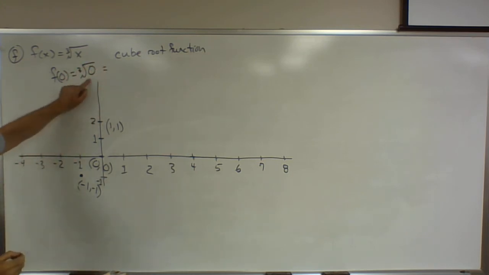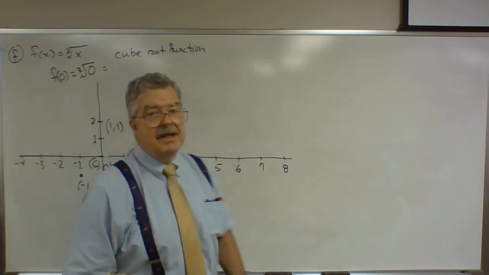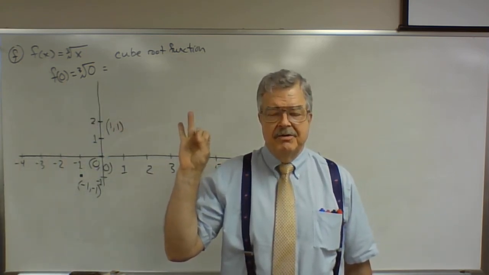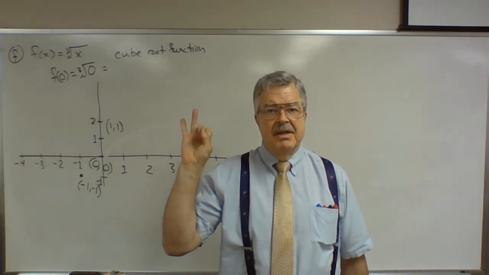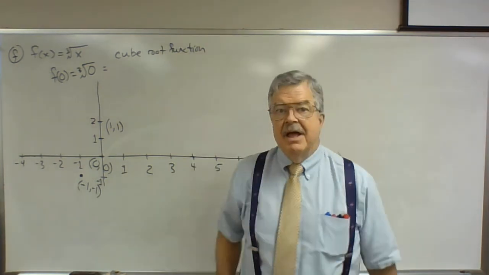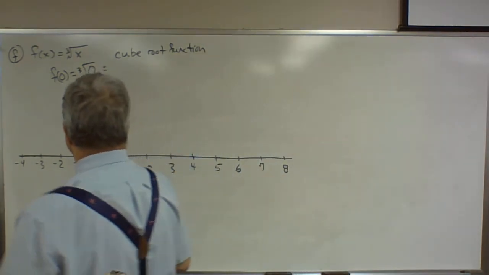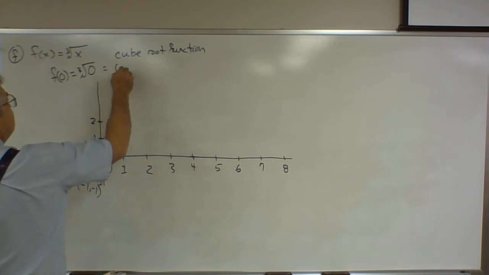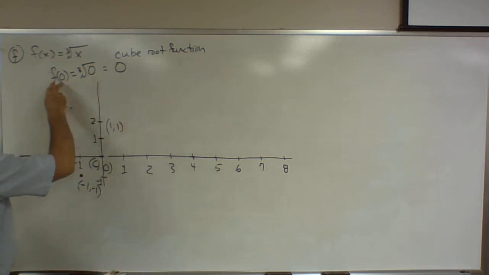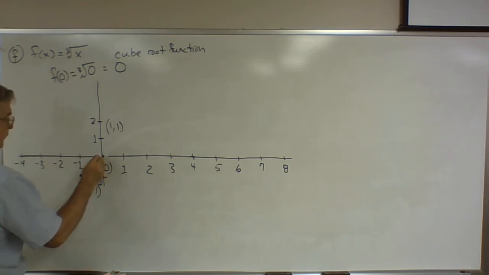And the cube root of 0 is the number that we multiply by itself 3 times to get 0. And I think that's 0. Let's check. 0 times 0 is 0. Times 0 again is 0. 0 is the cube root of 0. So when x is 0, f of 0, the y coordinate is also 0. So here's a point on our graph.